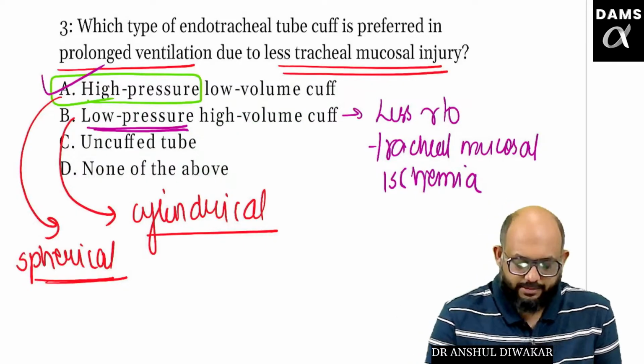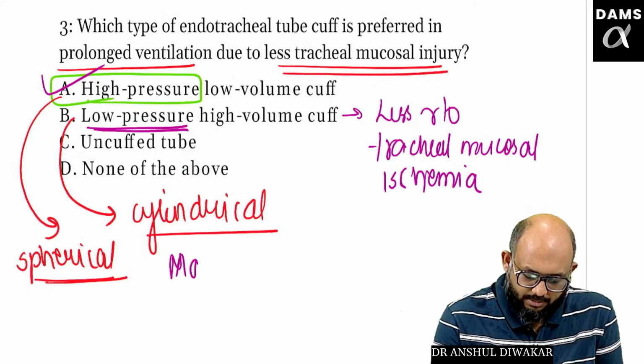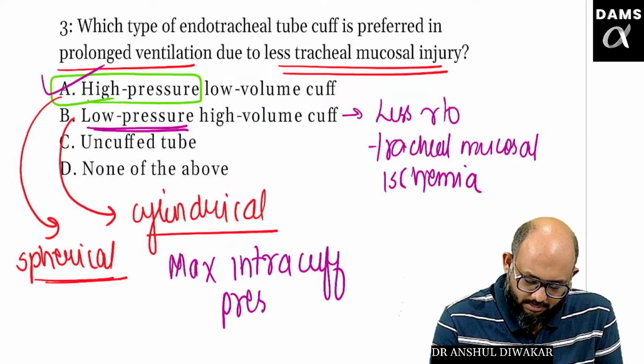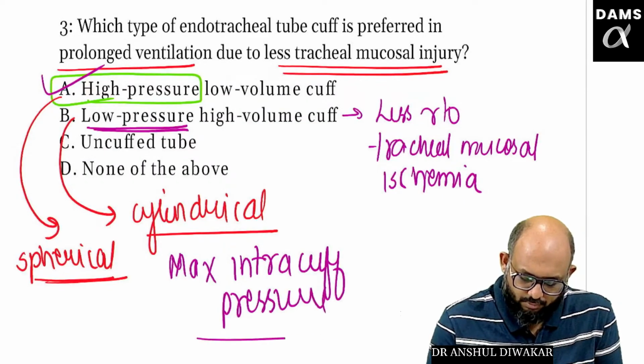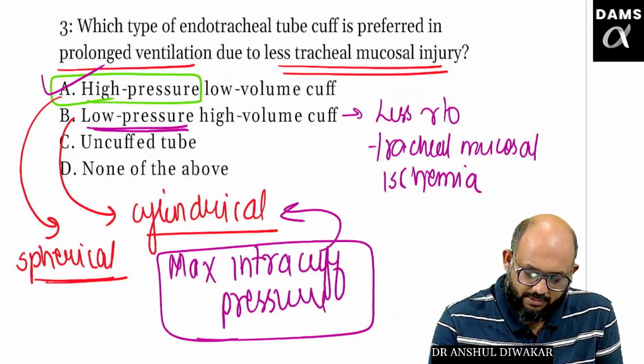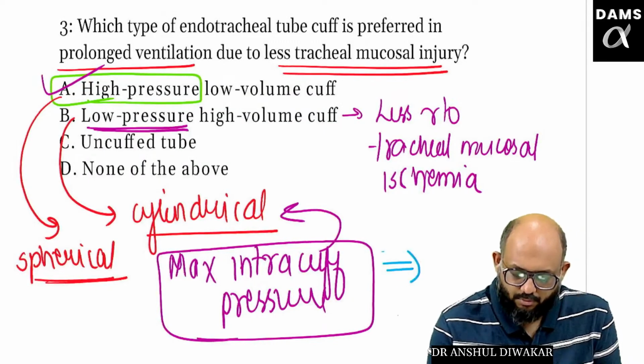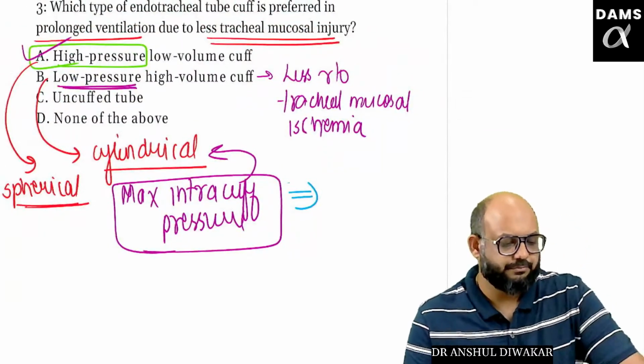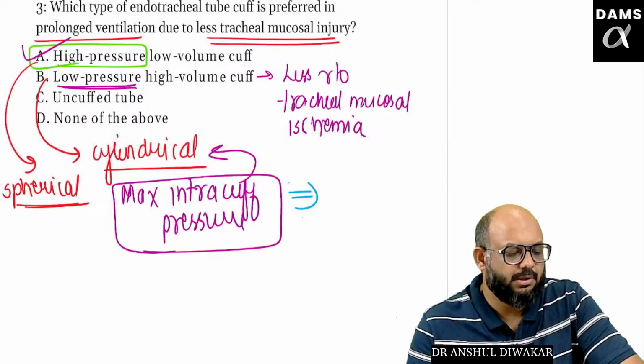Alright. Can you tell me the maximum intra-cuff pressure inside a... So now we use only low pressure cuffs. So whenever we are talking about the cuff pressure, we are always talking about the pressure of a low pressure cuff.